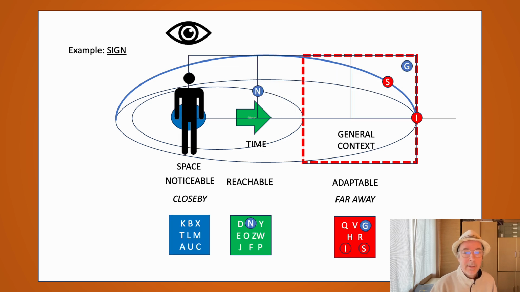So basically three references, three reference frames, and the last one is the general context. It's what we have to adapt to, because they are not our basic rules that we immediately use. It's more the general usage, as I said before.